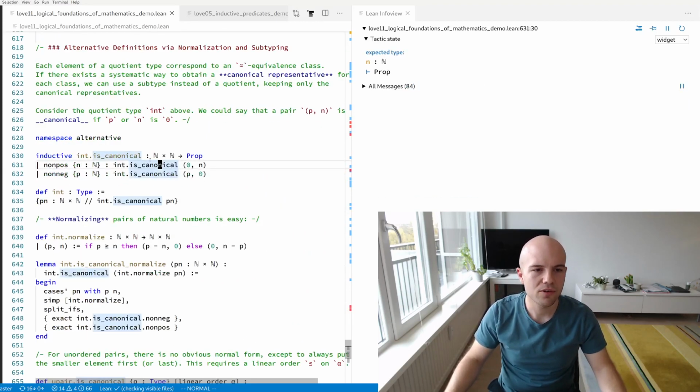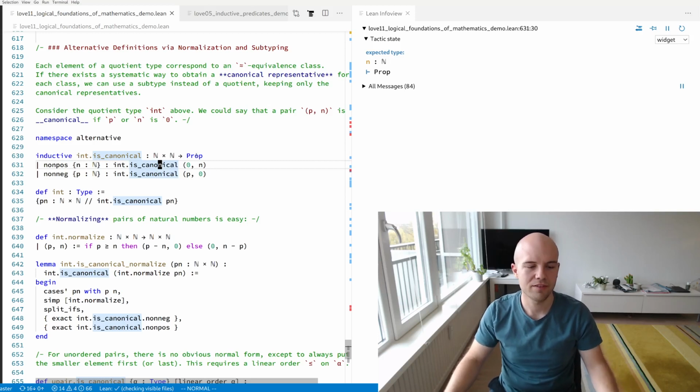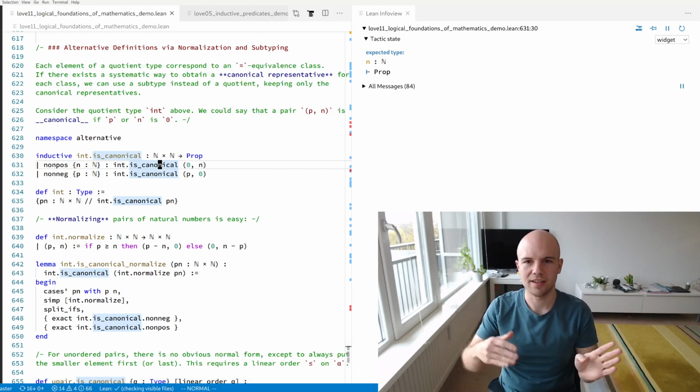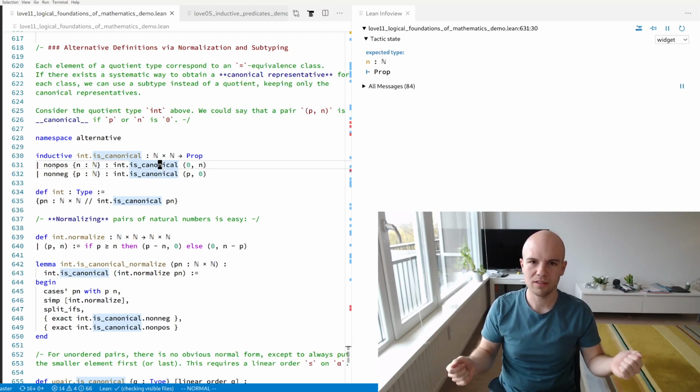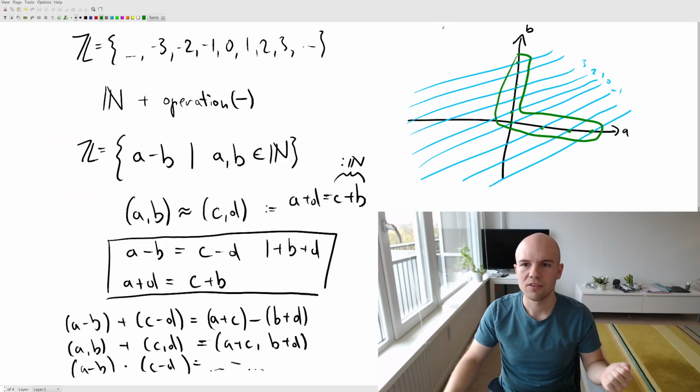There are two cases: one is that the first component is 0 and the second one is greater or equal 0, or that the first one is greater or equal 0 and the second one is 0. So one of them must be 0 and the other must be greater or equal 0.